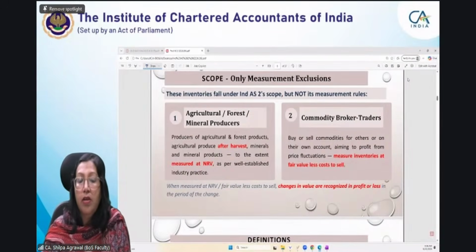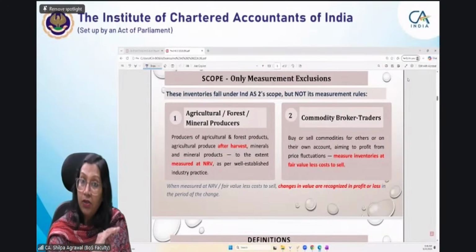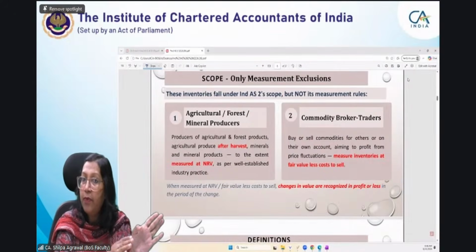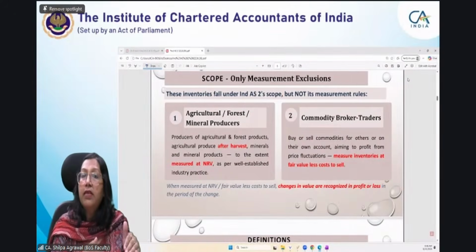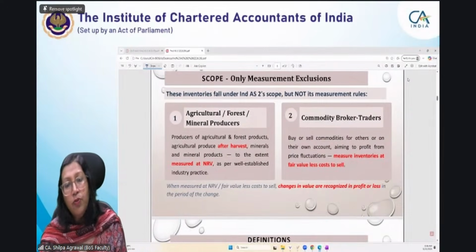Right now we are talking about scope. These inventories, whatever we have talked about in the scope, are not forming part of Ind AS 2 for measurement till the point of harvest. After harvest, they become inventory, and when they become inventory, Ind AS 2 provides the measurement.